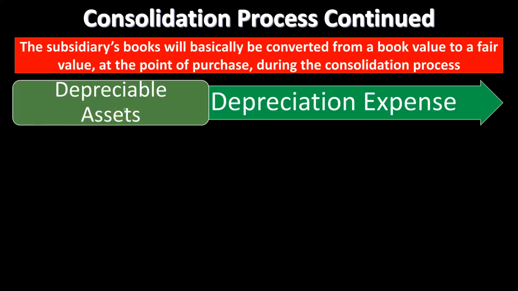And note, these are complicated journal entries, because unlike normal adjusting entries for depreciation, they will not be recorded on either the parent's books or the subsidiary's books, but will have to be brought forward and redone every year you do the consolidation.